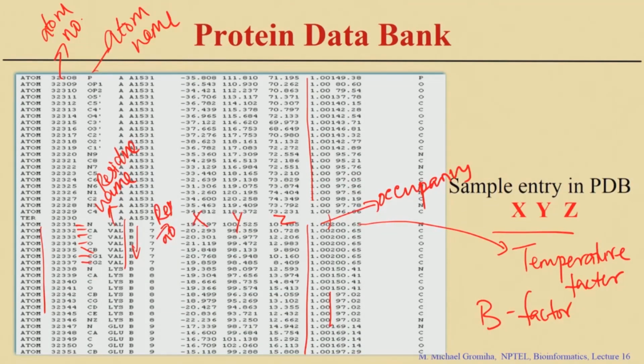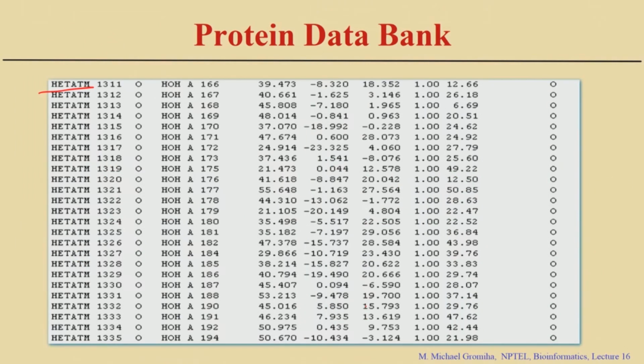If you see this data, for example, I show the structure right here. These are highly flexible because the values are very high, and this is from the DNA and this is from the protein side. In other places there are lower values, so these atoms are rigid.